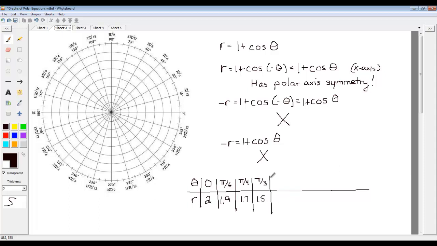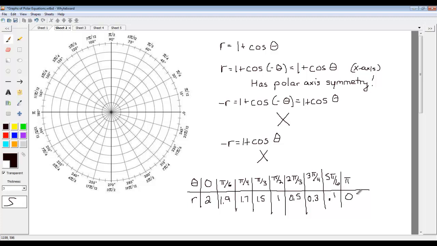If theta is pi over 2, you'll get 1. If theta is 2 pi over 3, you'll get 0.5 or 1/2. If theta is 3 pi over 4, you'll get around 0.3. If it's 5 pi over 6, you get around 0.1. And if it's pi, you'll get 0.